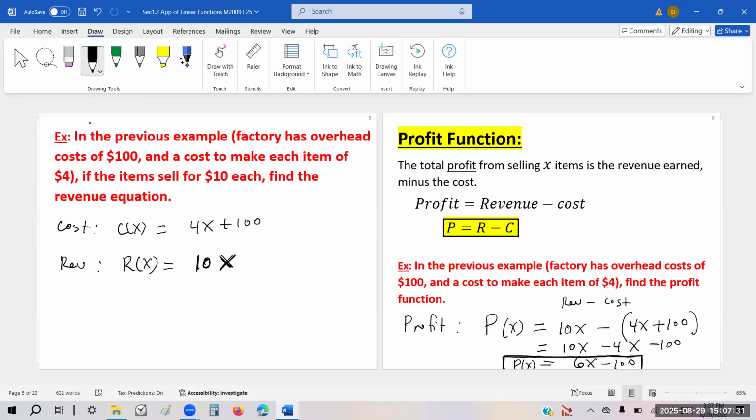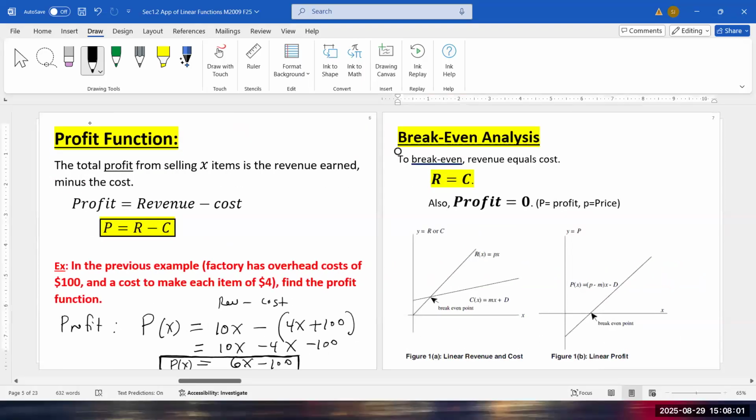Okay, let's think about real life. Since we are talking about computers, let's talk about computers. Let's say you are deciding to open a computer shop, a computer store. So you went to the rental place and you asked them, hey, how much is the rent?